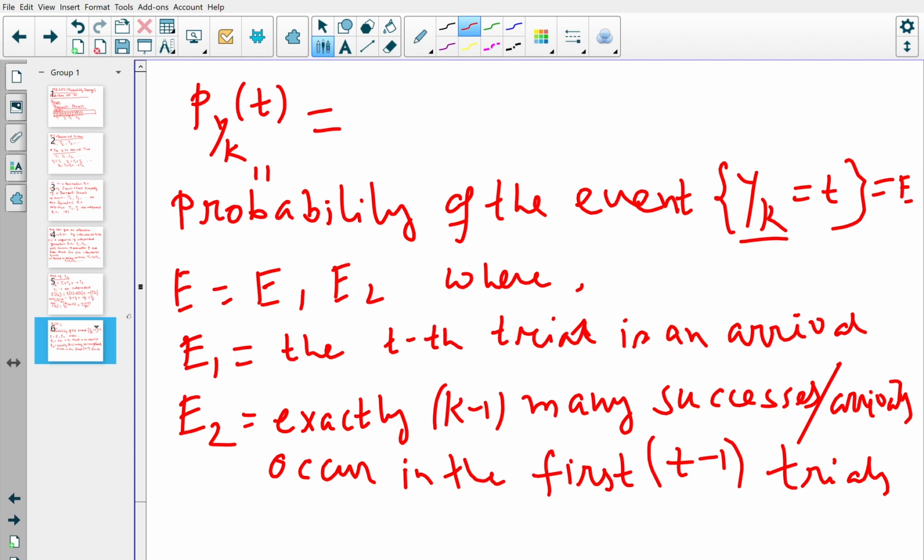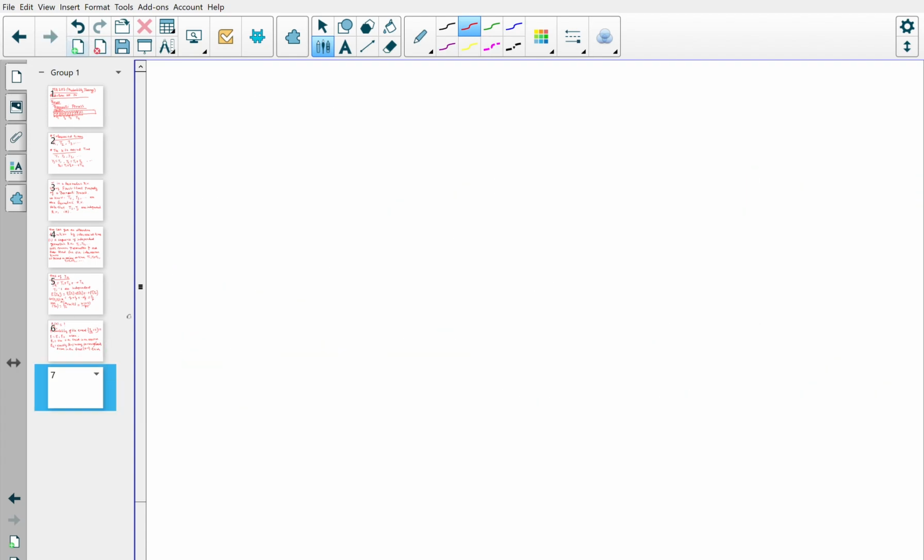So this PMF we want to find out, and it depends on these two events. Now try to find the probability for both. Now what is the probability of E1, that the Tth one is a success? Now the Tth one is a success.